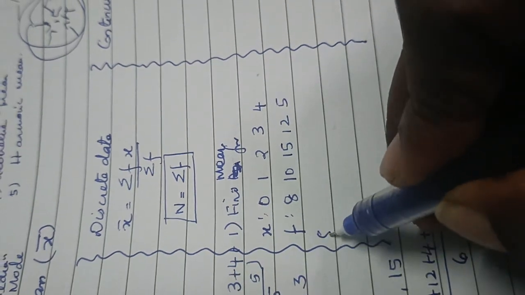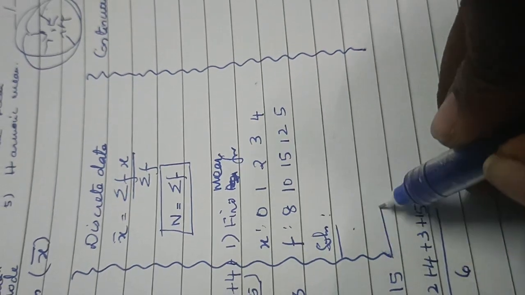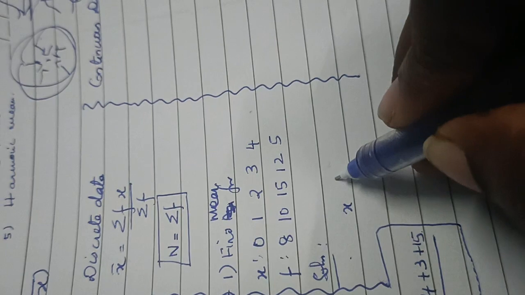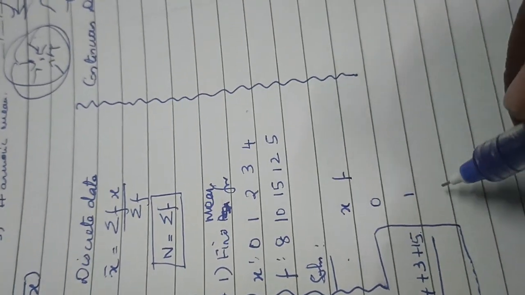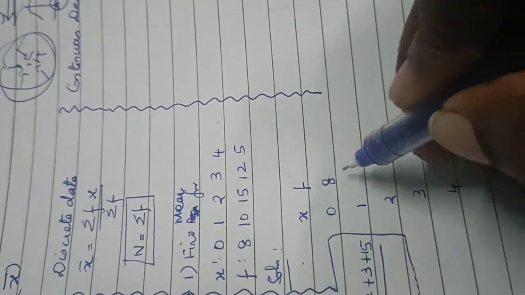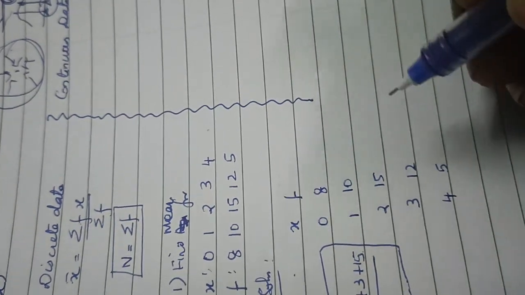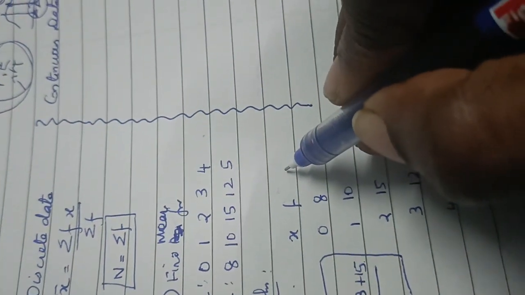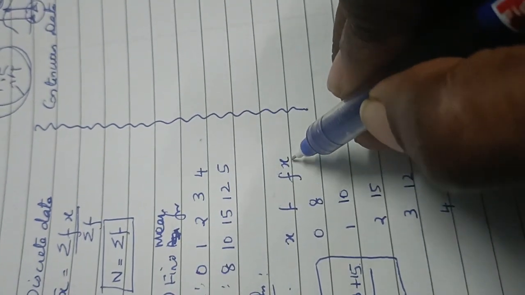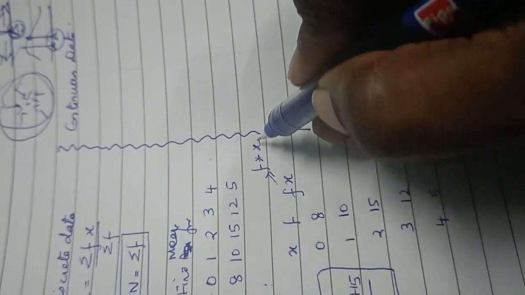How to solve it? Solution. We always have to do it in a very systematic manner. I'm going to draw this out. So x, f: 0, 1, 2, 3 and 4, and here you have 8, 10, 15, 12 and 5. Now we are going to add an extra column, f into x. So fx means f into x.